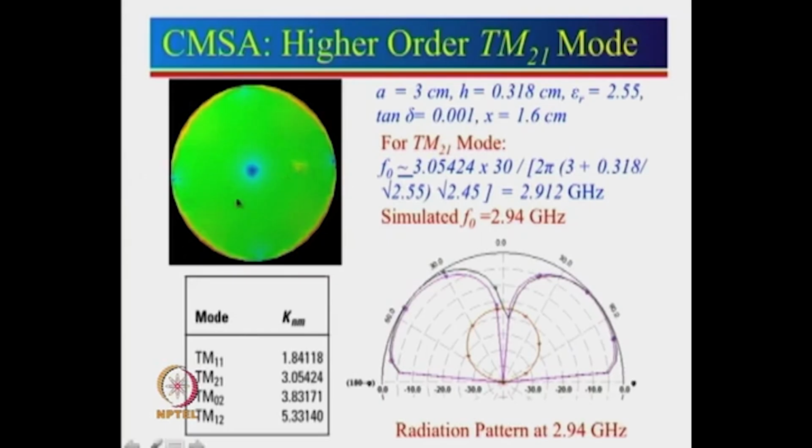Since the two fields are in the opposite direction, they will cancel in the broadside direction, and hence there is a null, and one can see that the null depth is more than 15 dB along the broadside direction, and the maximum radiation is in this particular fashion. This kind of pattern is also required many a times when we want to send the radiation in the conical direction. In that case, this will be a very useful configuration.